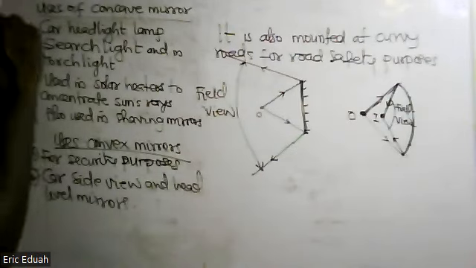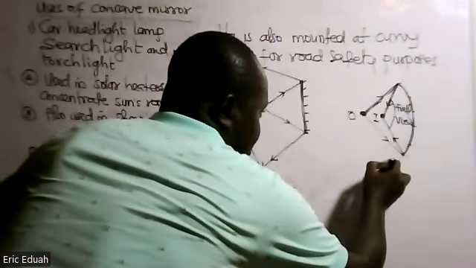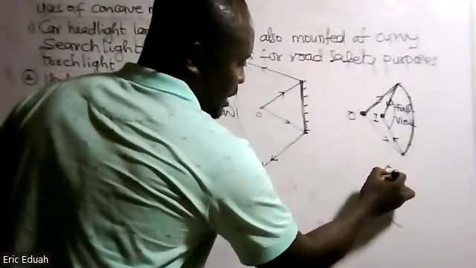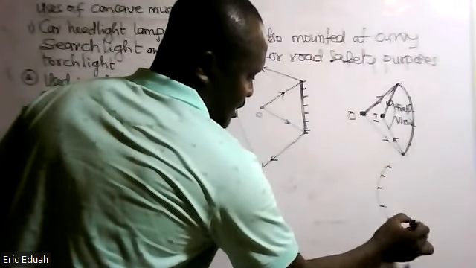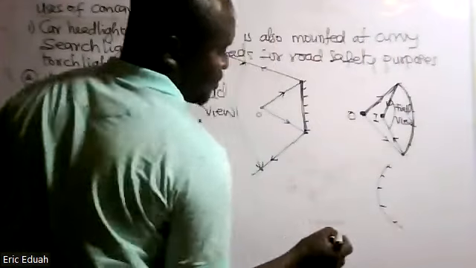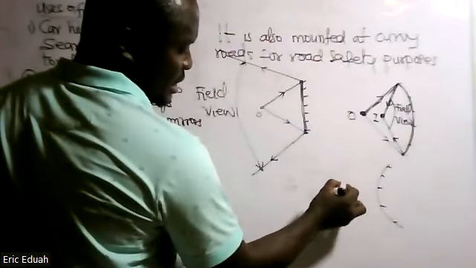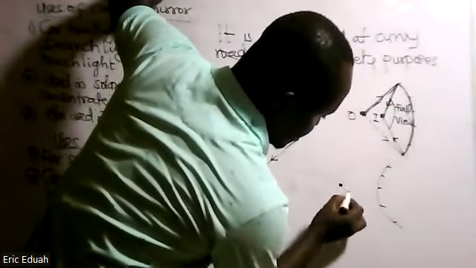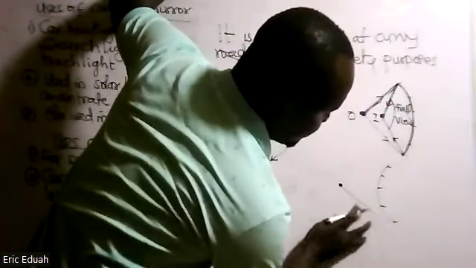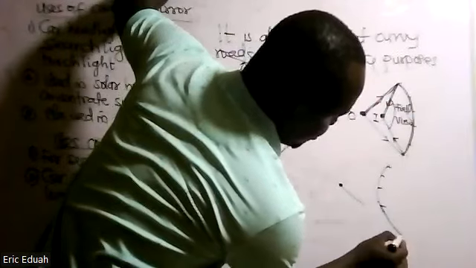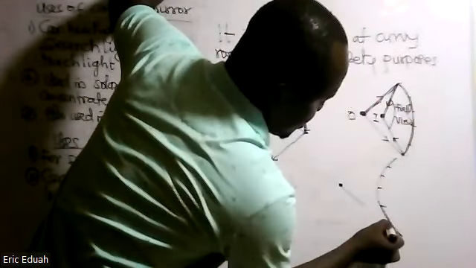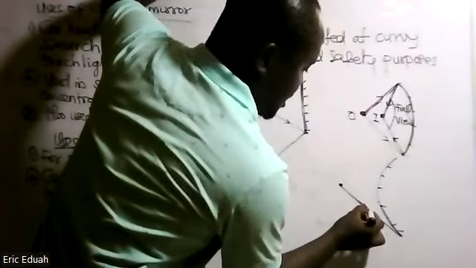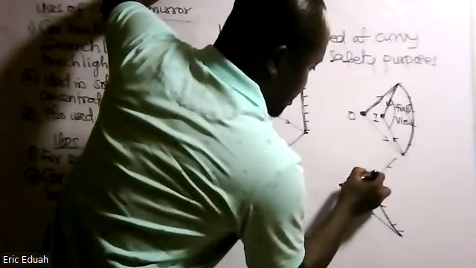Now let's look at convex. For convex, it curves outwardly. The reflecting surface curves outwardly. So if you place an object in front of it, a ray of light hitting one extreme, and let me draw the mirror properly. A ray of light hitting one extreme end, a ray of light hitting another extreme end.